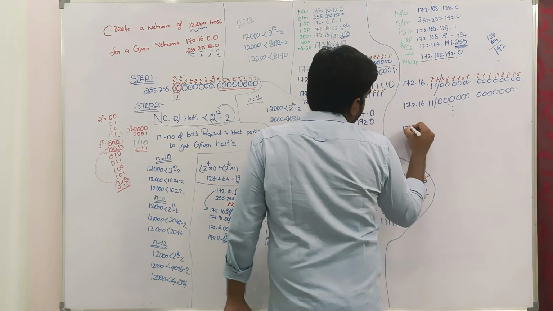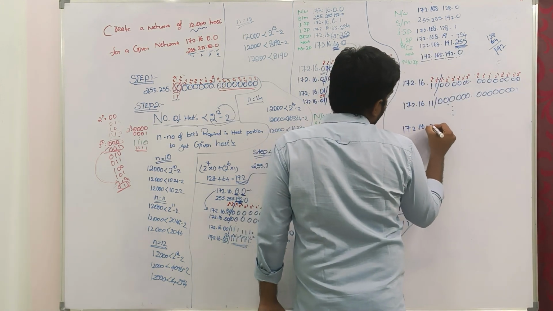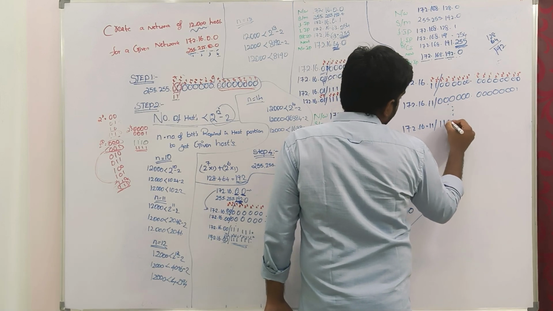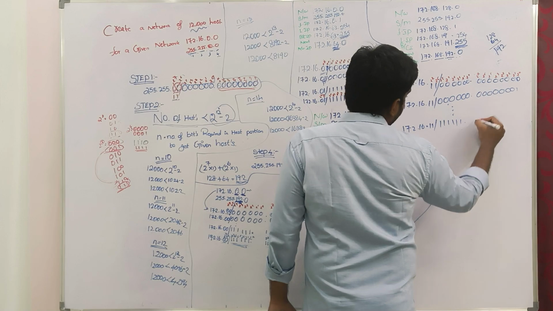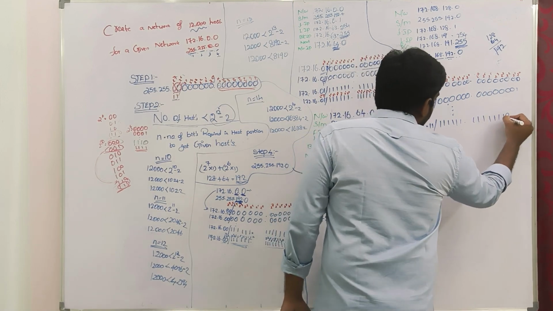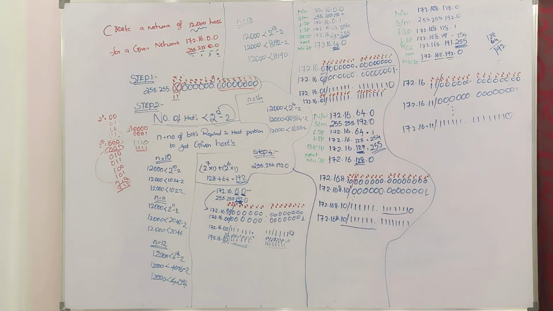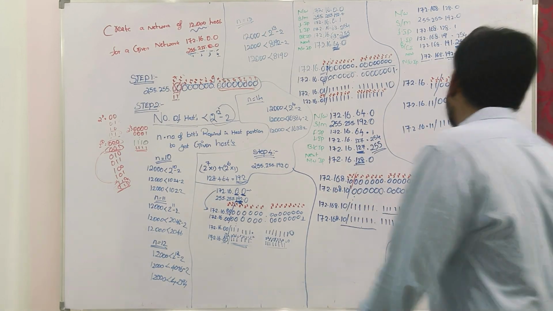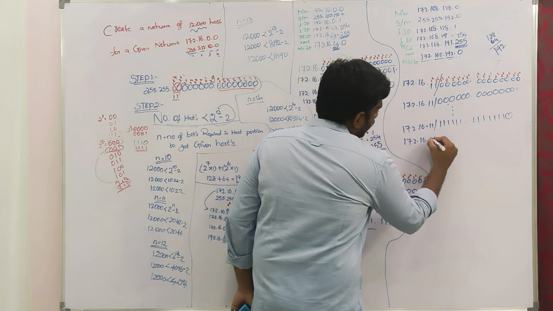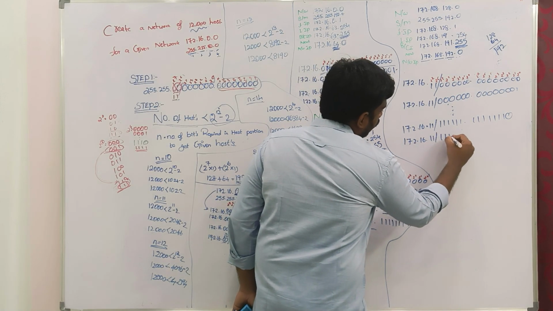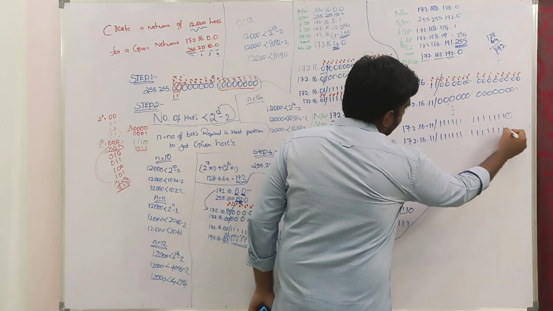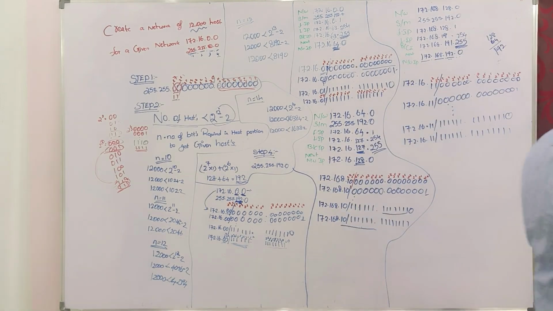So 172.16.11, 0 turned into 1s, then 0 turned into 1s, and 1 turned into 0. This is your last IP. What is the broadcast IP? 172.16.11 followed by all 1s. So this is our broadcast IP.